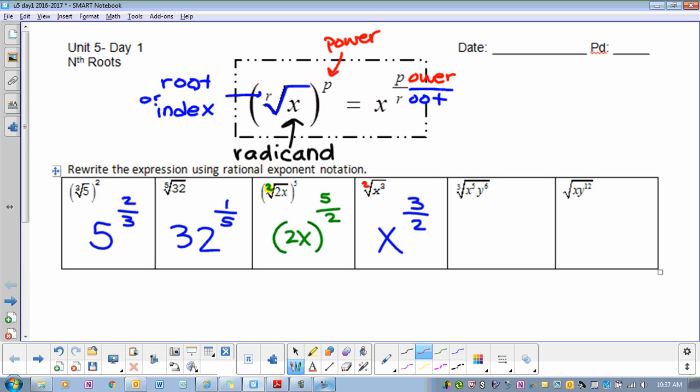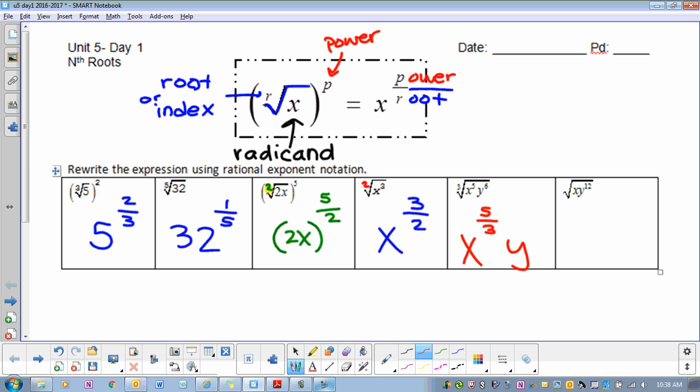All right, so let's look at the next one. Guys, for the next one, I have x's and y's, right? So just write it one at a time. So the x, what is the power on that x? What's the root here? Abner, do you know what I'm asking? Okay. The root is 3. All right, so I'm done with the x.